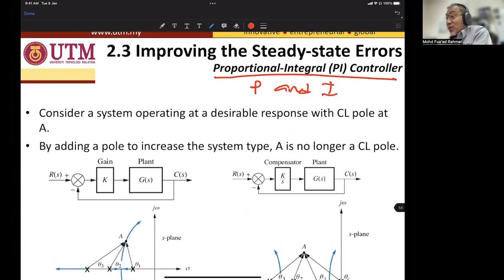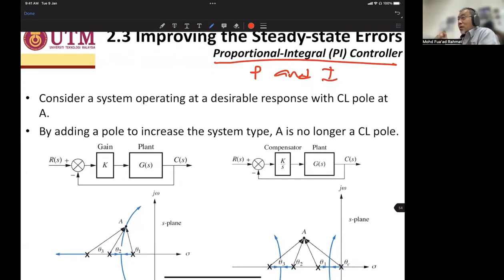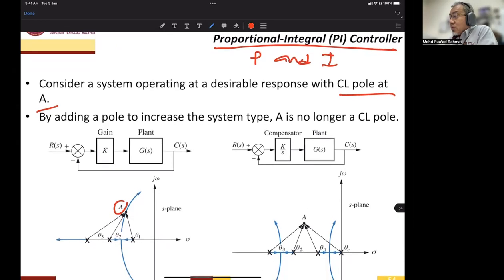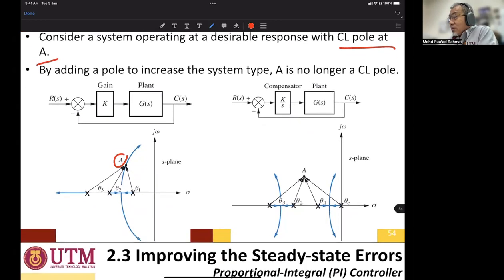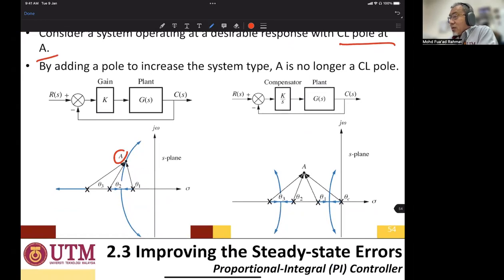Consider a system operating at a desirable response with a closed loop pole at A. By adding a pole to increase the system type, A is no longer a closed loop pole. So you can see that this one is the P controller, and this one is the PI controller.